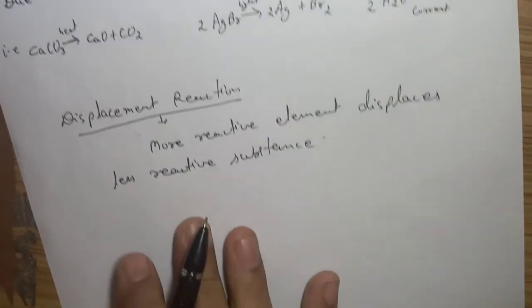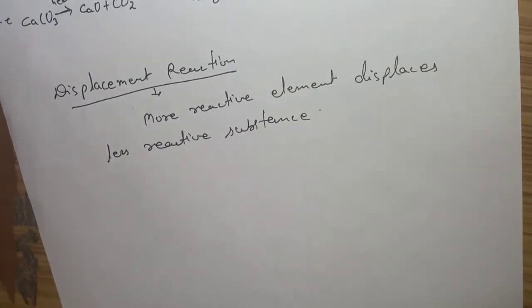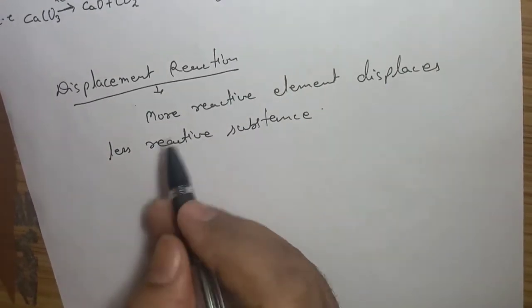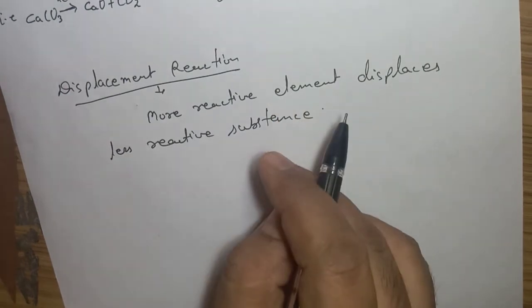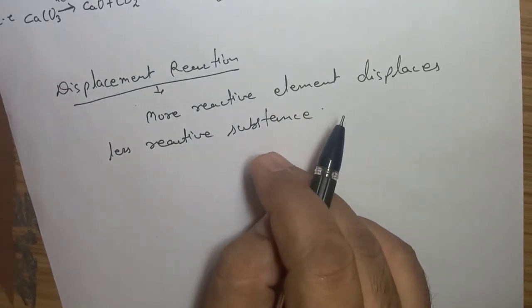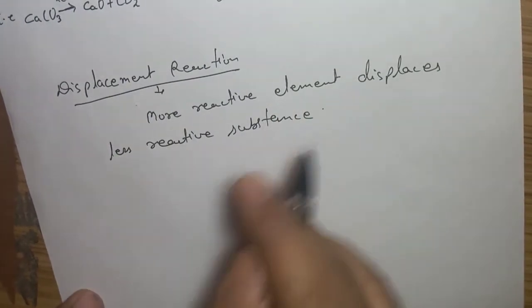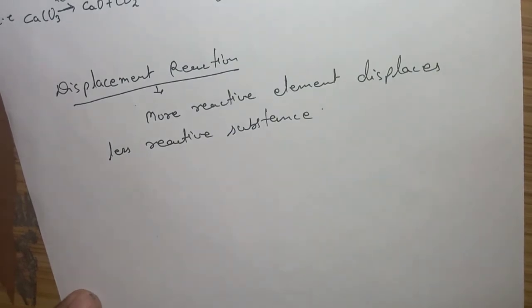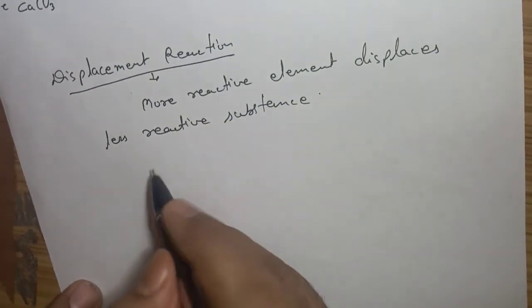Now, to understand this, we have to understand which one is more reactive. We have a metal series, which we will discuss today, and more working we will do in the next session.